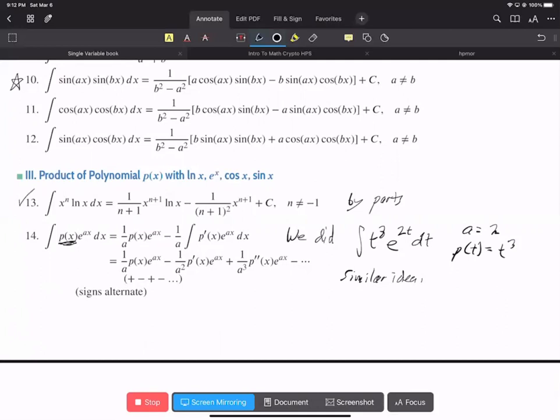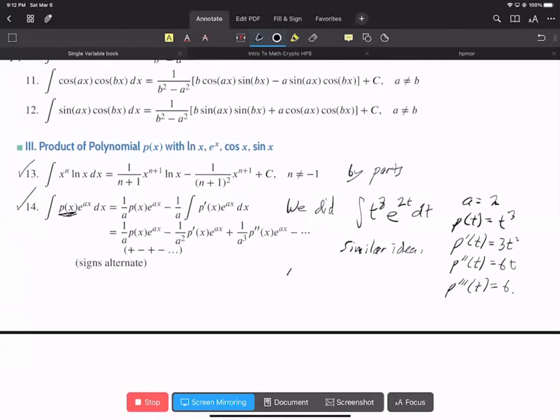Here, p prime of t is 3t squared, p double prime of t is 6t, and p triple prime of t is 6. Interesting if we actually got the right answer there. Hopefully we did. So we've done an example like this, and you can generalize.